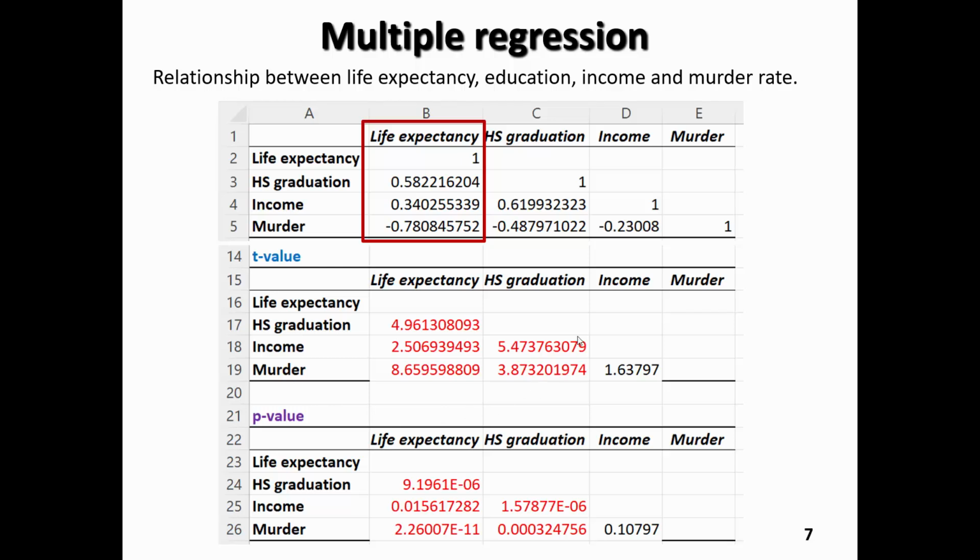On the next table below are the t-values computed for each of the correlation coefficients. So once again, because we're talking about Pearson coefficients, these are bivariate. So it's only the correlation between life expectancy and high school graduation at 0.5822, life expectancy and income 0.34, and so on and so forth.